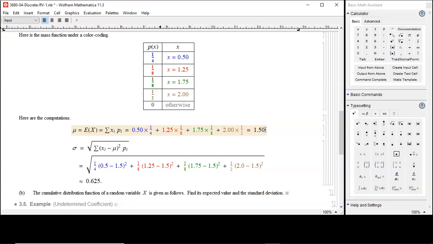And as for variance, each payoff value, 0.50 minus the mu value 1.5, square it, and then times the probability. That's going to be this blue. And then repeat that for red, green, and brown. Add them all up. That's my variance. And then take the square root, and that's my standard deviation. It's just a computational formula, so no big deal there.